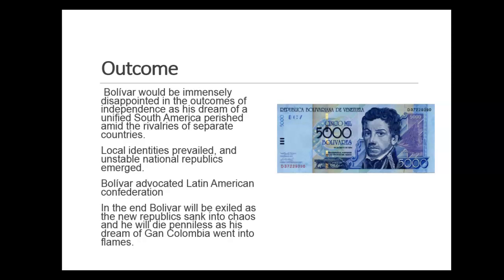Local identities prevailed and unstable national republics emerged. In the end, Bolívar was exiled as the new republic sank into chaos, and he died penniless as his dream of a Gran Colombia went up in flames.